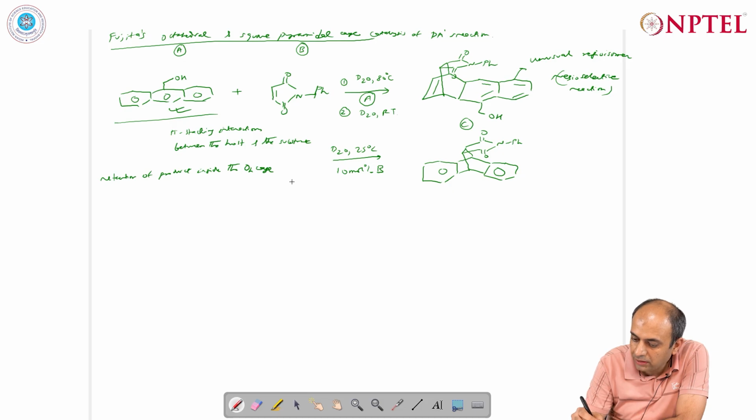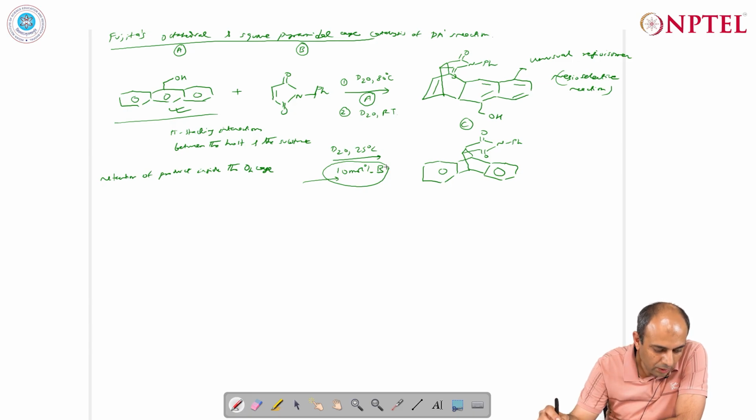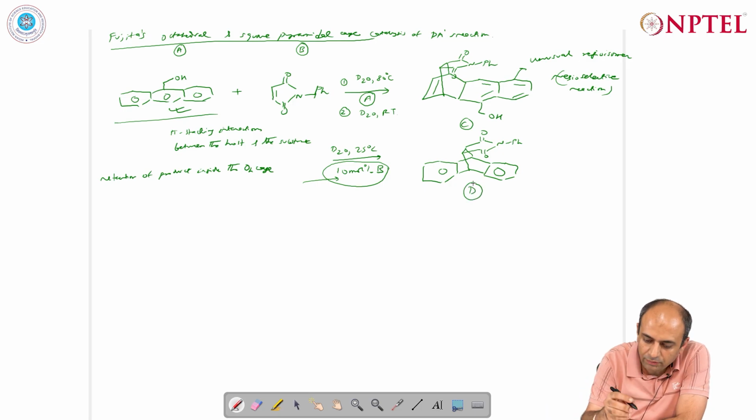the reaction was now done in the presence of 10 mole% of B, which actually led to the quantitative conversion to this product D. So the reaction of the 9-hydroxyl anthracene with the N-phenyl maleimide actually led to the formation of the desired products.